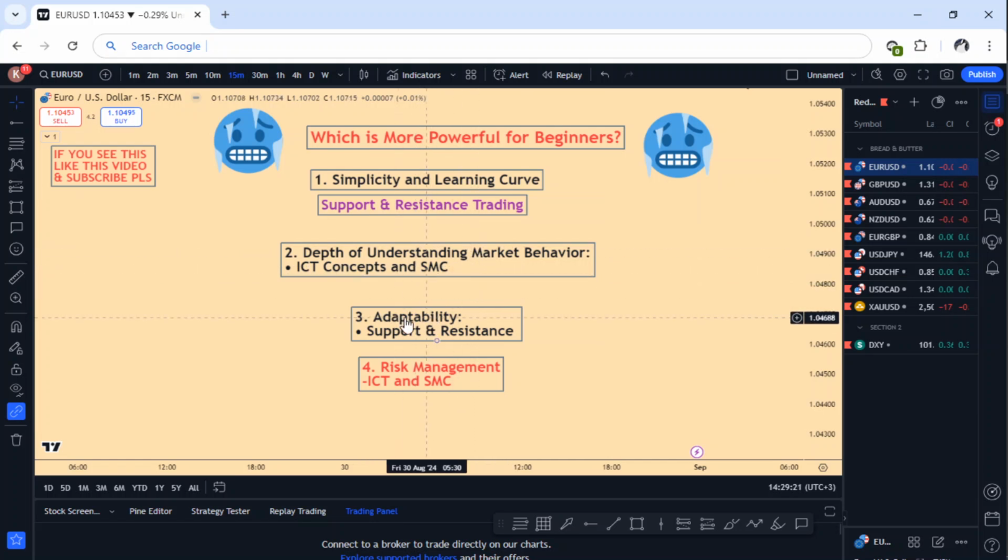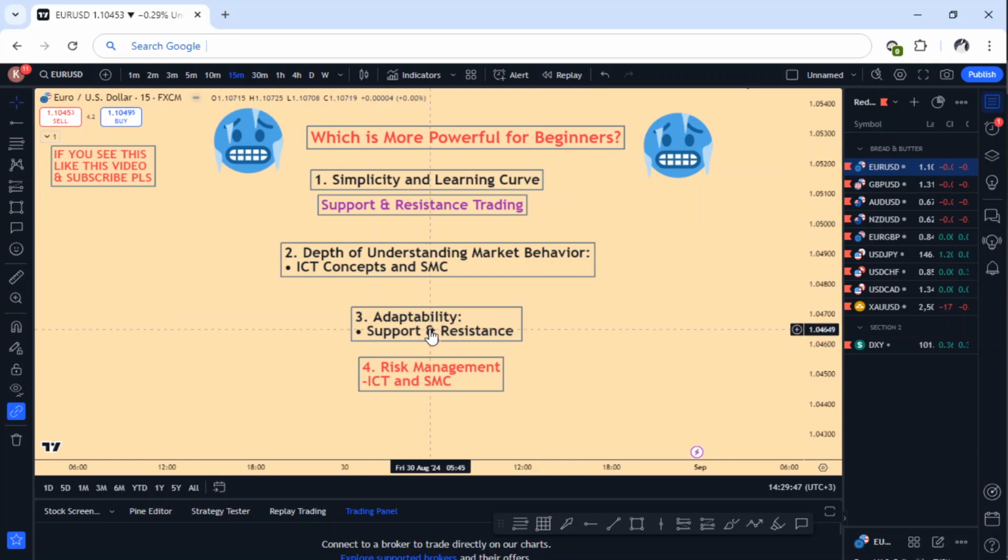Now, what about adaptable trading strategy? Support and resistance is very adaptable because of how subjective it is. It can be used across various markets and time frames with minimal adaptation. ICT and SMC need adaptation based on market condition and specific strategy, so they are less adaptable.